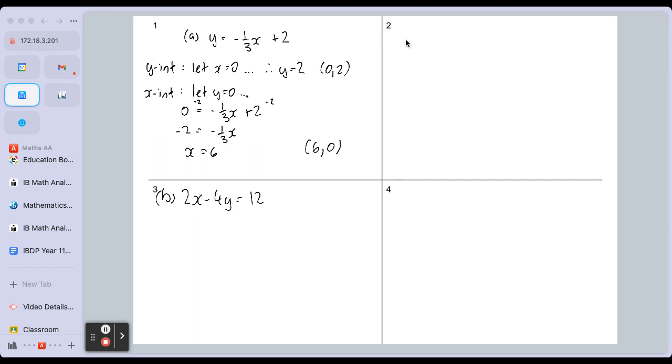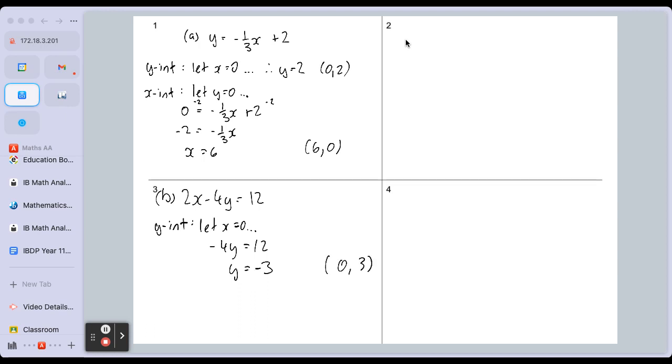So for the y-intercept, let x equal 0. So in this case, we probably do need to do a bit of working out. We've got 2 times 0 is 0, so we've got minus 4y is equal to 12. So y is equal to 3. And over off to the side here, I put the point in, 0, comma 3.